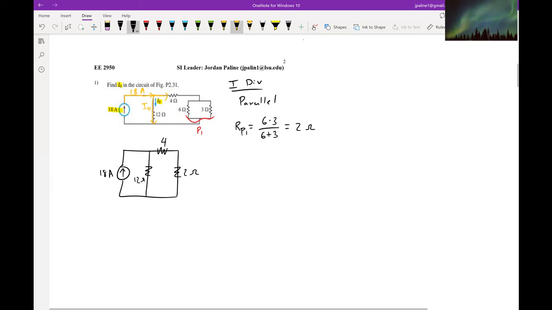Okay. And we still have our 18 coming this way, splitting off down both of these ways.